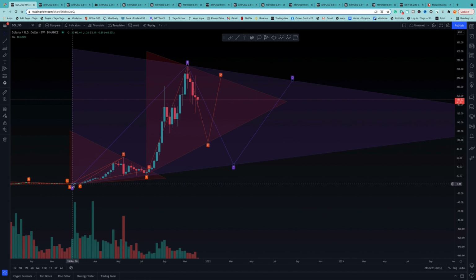So now look at this one. Over the weekly, which again started approximately 28th of December 2020, it's reaching a peak now.